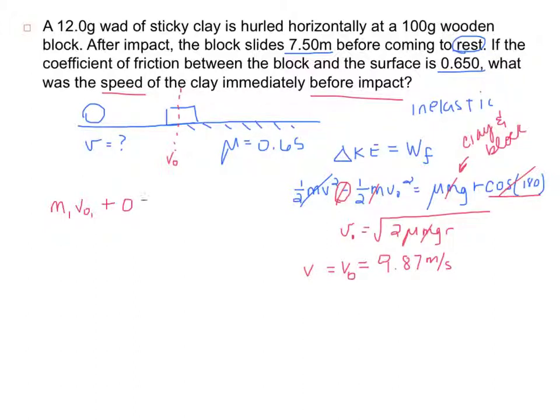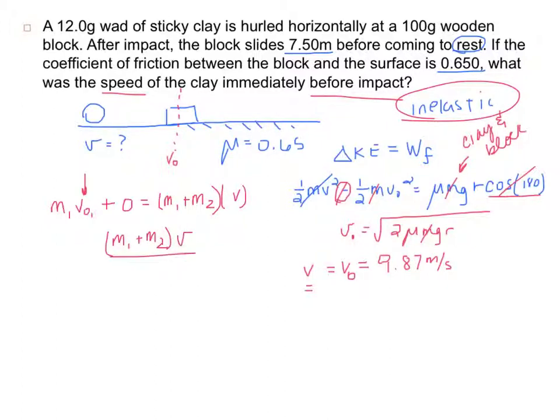Once they collide, they collide perfectly inelastically, so they will stick together. The mass of my clay and the mass of my block are added together, and they travel at a final velocity v, which we found here. Again, the goal is to get v naught by itself. So that becomes m1 plus m2 times v divided by m1 is equal to v naught.